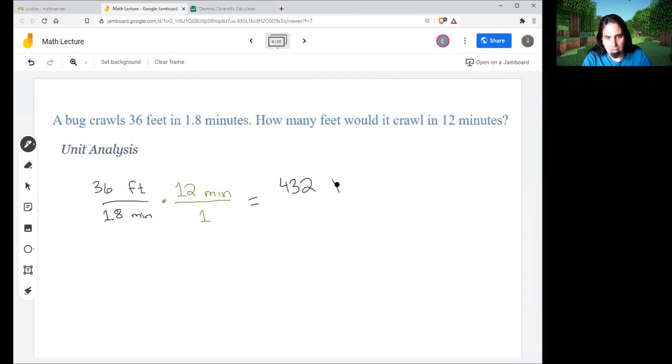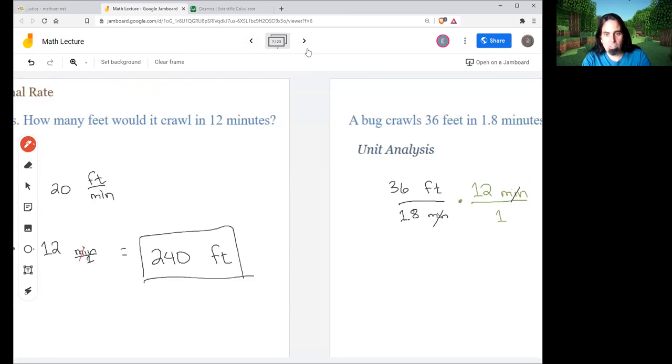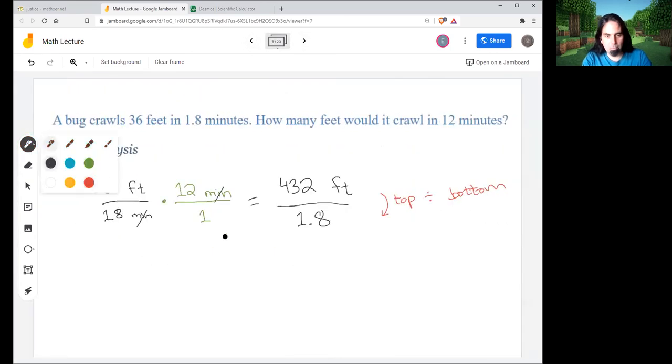The minutes cancel. Finish up unit analysis with top divided by bottom. And we will get the same answer as before, 240 feet.